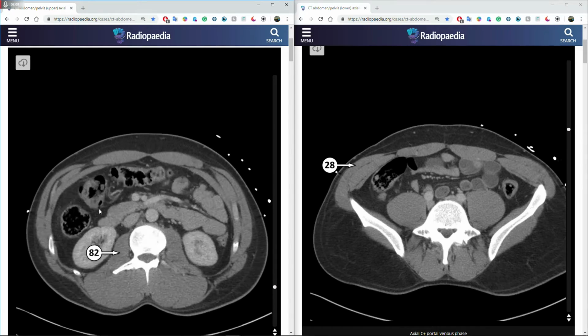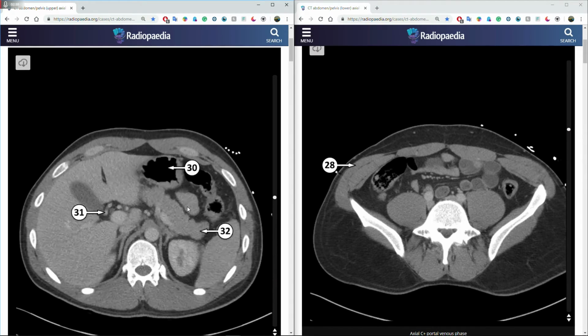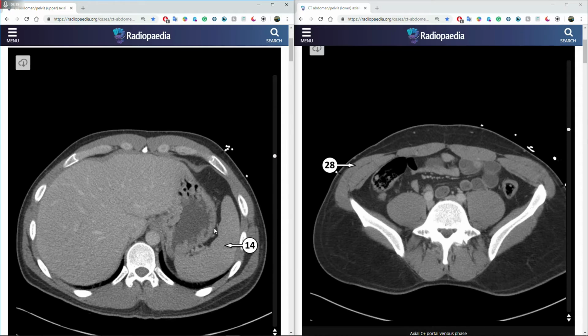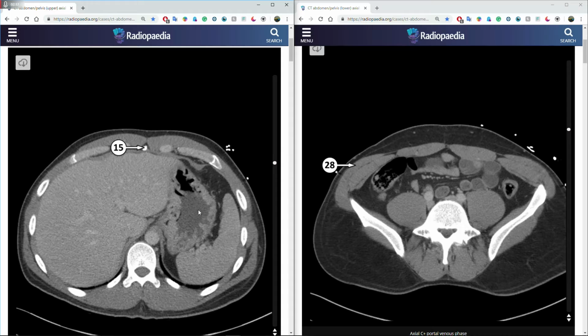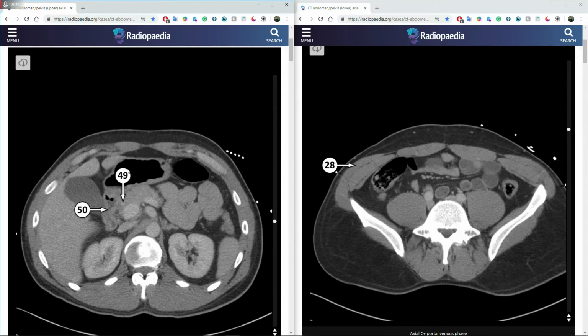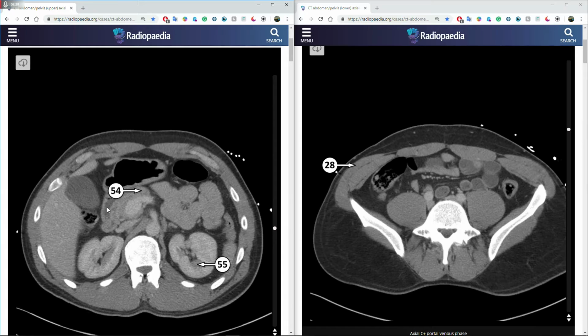Going back here, let's go back to the stomach. So remember, we have the stomach, the spleen, the fundus of the stomach, the body of the stomach. Eventually we hit the pylorus, and the pylorus is connected to the duodenum.